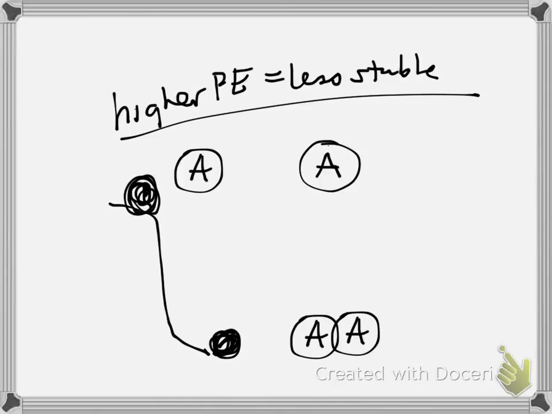That's really the whole idea that you need to get: if they're more stable when they're bonded together, they have lower potential energy, they'll do that. Other questions?